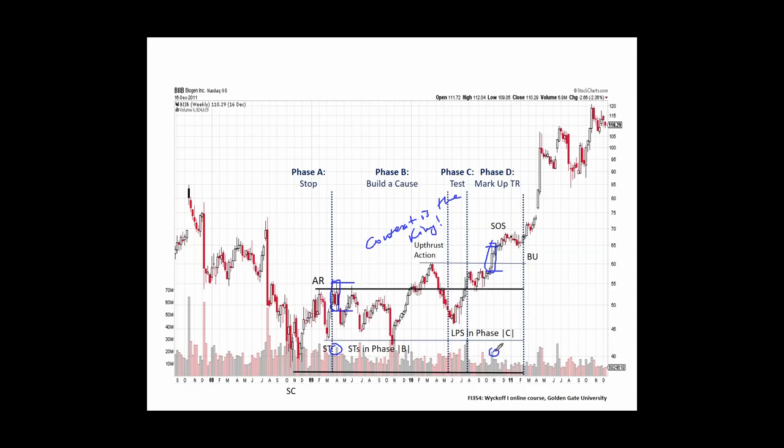The demand is present there. But is it truly just demand? In this case, contextually, where we are with this bar, we are close to the resistance. This is an attempt to commit to the upside. And after that, the price goes down. So this bar is not going to have just a demand signature. It's going to have a demand signature that is increasing plus a supply signature that is increasing as well.